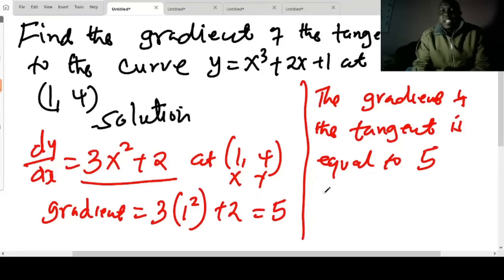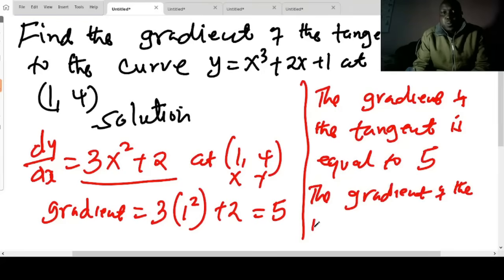Now, what will be the gradient of the normal? Because now we know the gradient of the tangent is 5, it means the gradient of the normal is equal to negative 1 over 5. So that when we multiply negative 1 over 5 times 5, the answer is negative 1.